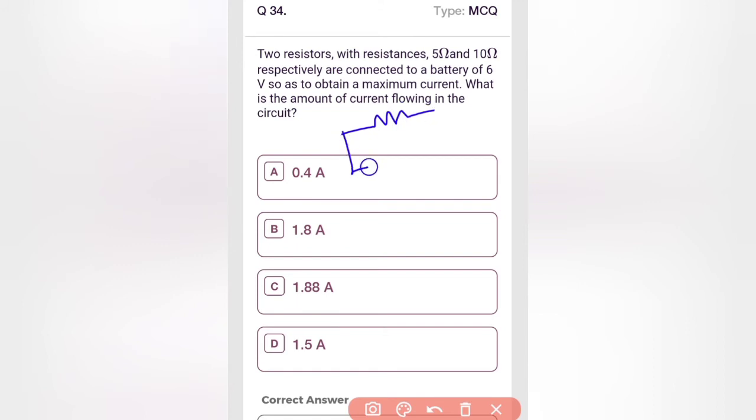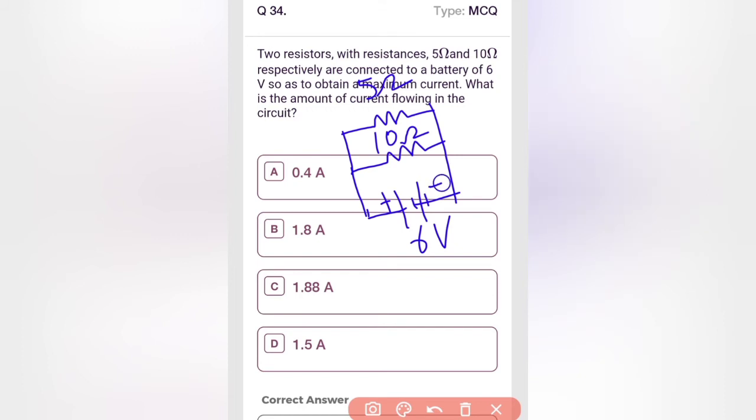So that means 5 ohm and 10 ohm are connected in parallel to a battery of 6 volt. So what is the amount of current flowing in the circuit? I need to find the total current here.